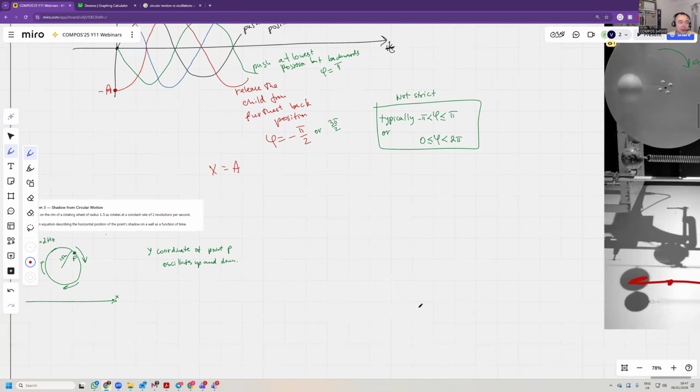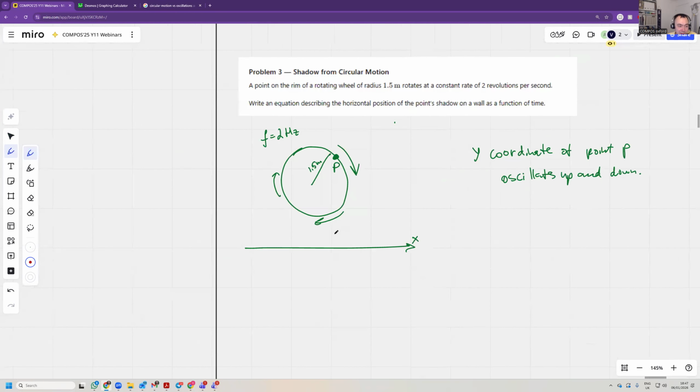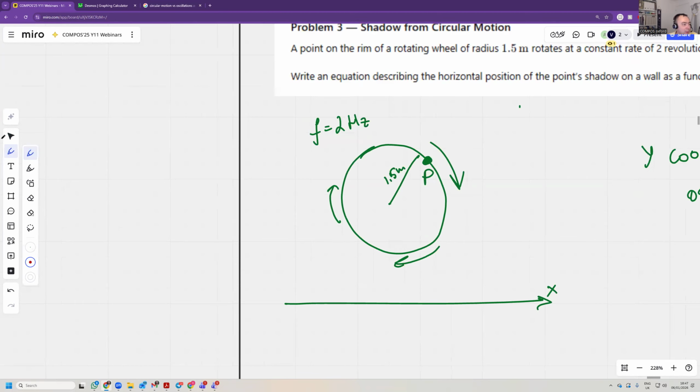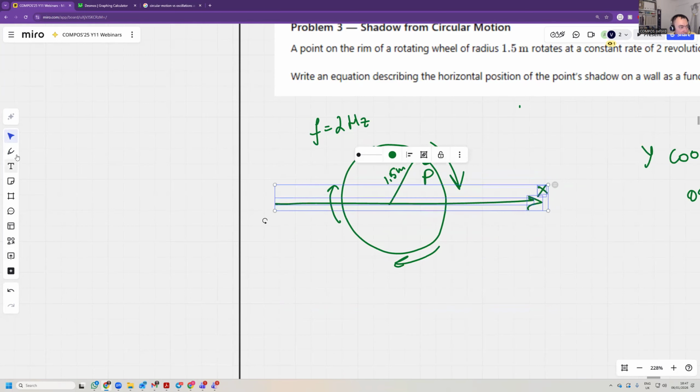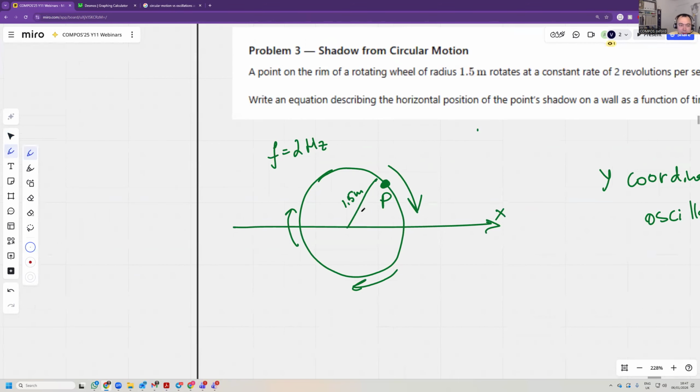Now, we can remember the trigonometry, right? I think we've done that in year 10. So this is the radius, and this is the y coordinate. This is the x coordinate. This is the radius, and this point has coordinates x and y.